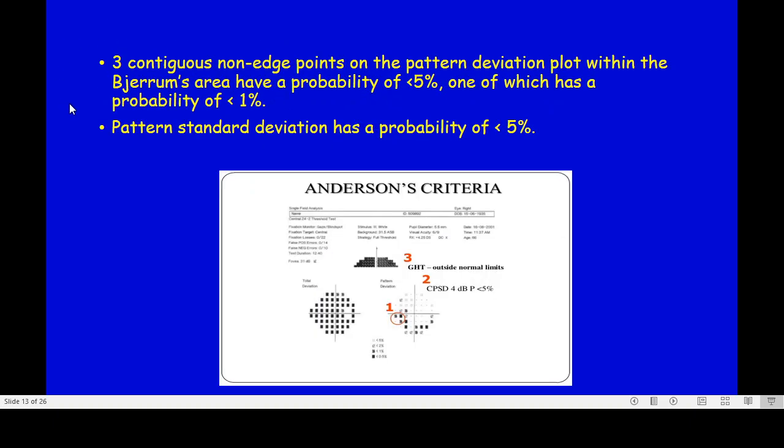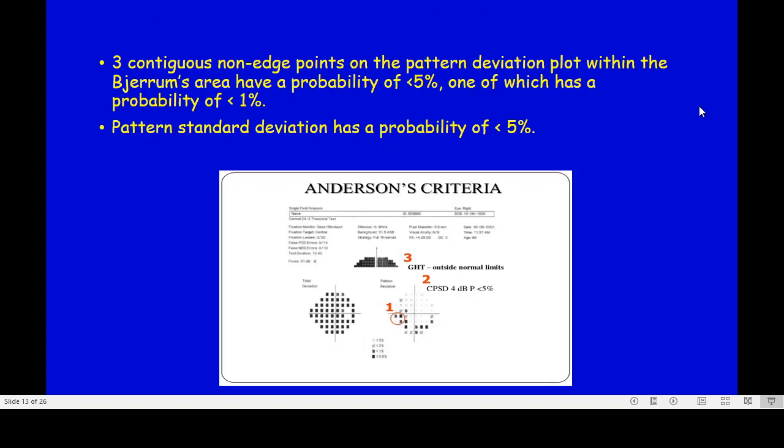The second one is that there are three contiguous non-edge points. These are the three non-edge points, this is the edge, and these are the inner points. So three contiguous non-edge points on the pattern deviation plots which have a probability of less than 5%, and one of them has a probability of less than 1%.